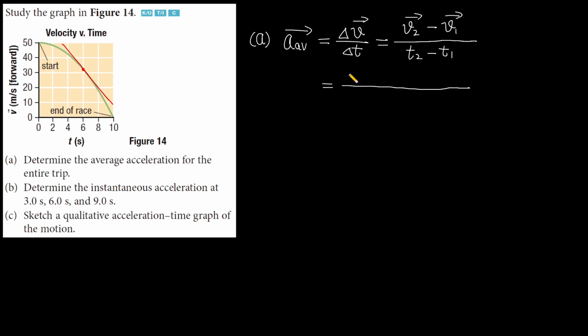So final velocity is 0 meter per second minus the initial velocity, here it's 50. So here is 50 meter per second forward.